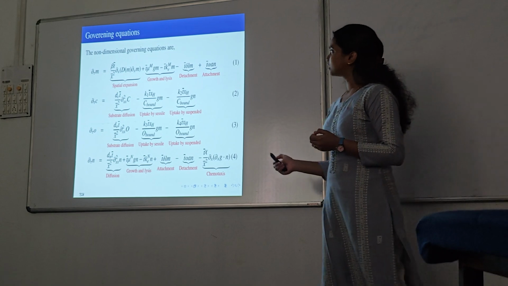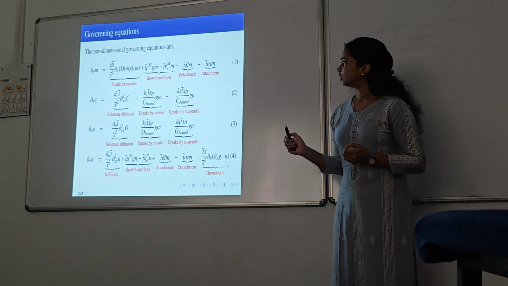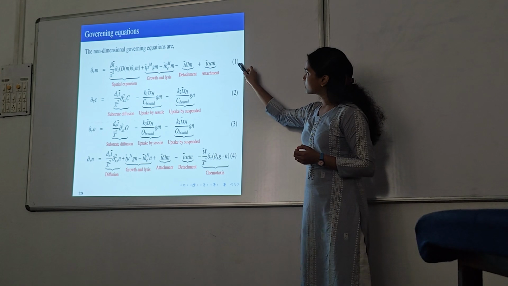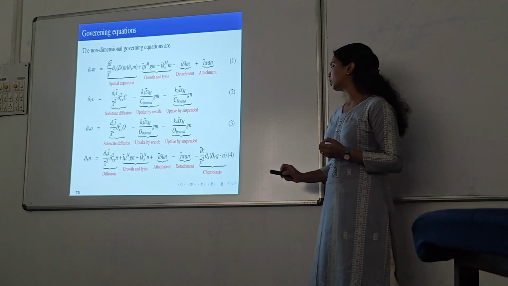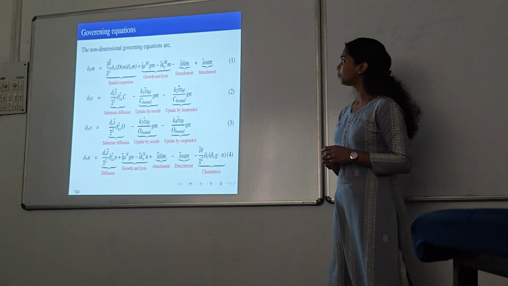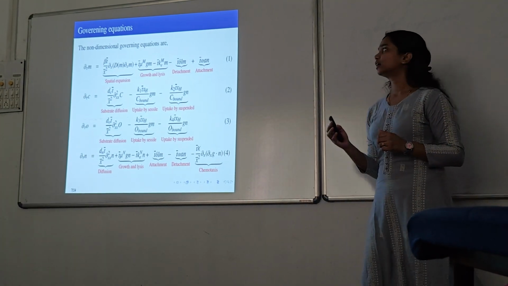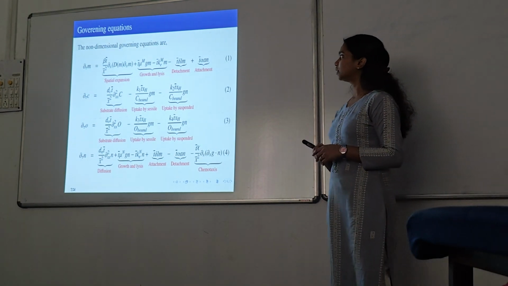Here is my model. This is a system of four highly nonlinear partial differential equations. The first one is for sessile bacteria, this is carbon, this is oxygen, and this is for planktonic bacteria. The spatial expansion is defined by the density dependent diffusivity. I'll describe this later.